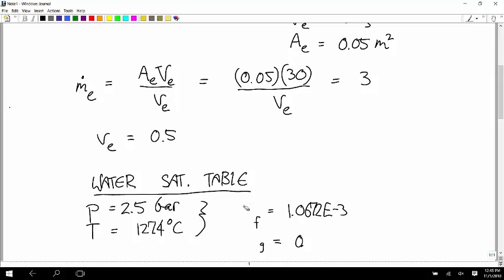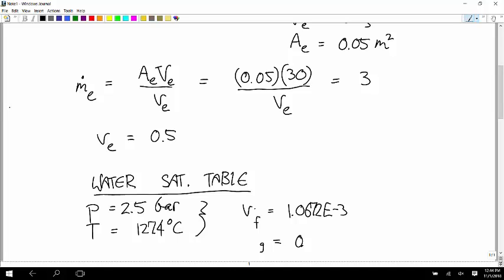We're looking for specific volume, because the whole idea is we know what the specific volume is, and we're going to use the quality equation to figure out what fraction of each of the two gives us this specific volume of 0.5.